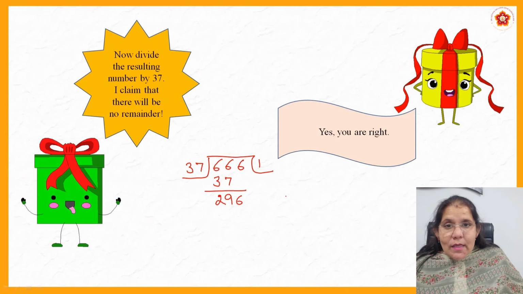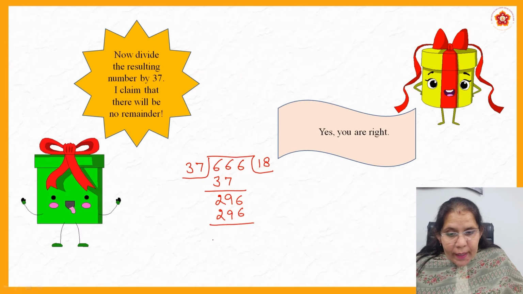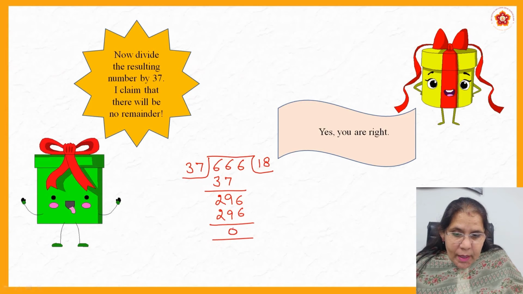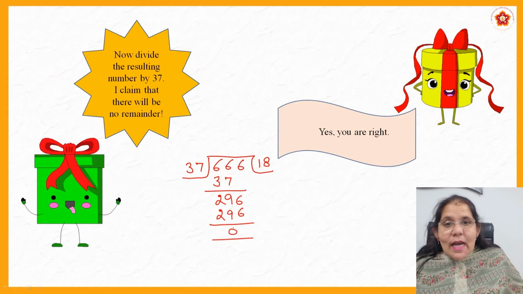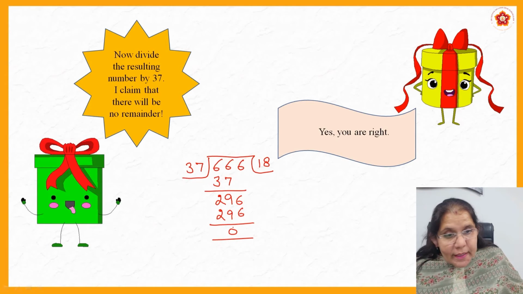You can multiply in the rough and see whether 296 gets completely divisible by 37 or not. Let's try with 8. 8 sevens are 56. 5 carry. 8 threes are 24. 24 plus 5 is 29. So what is the remainder? Remainder is 0. And this is exactly what Steve had predicted.